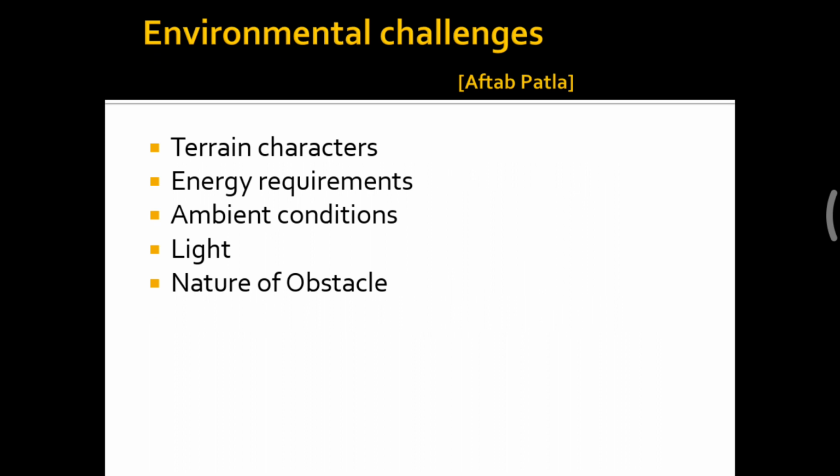You might be walking in a place where holes are there. You might be walking on a road where a sidewalk is there with a lot of stones. You might have some up and down, especially if you're going in a hilly region. So terrain characteristics is one thing which comes onto the gait pattern from the environment.